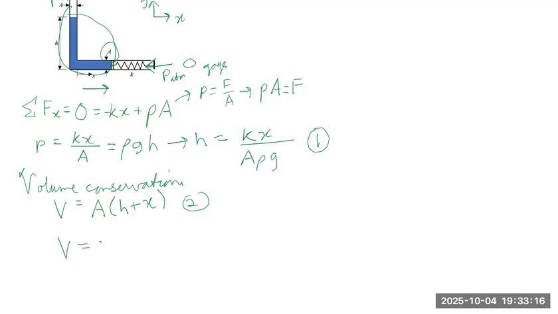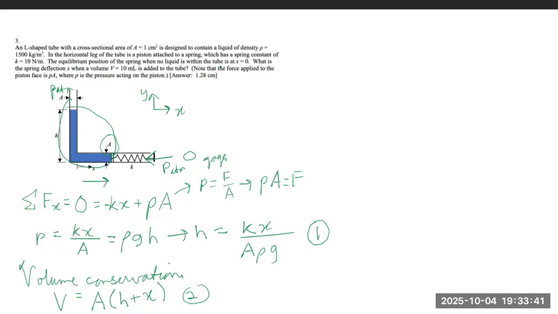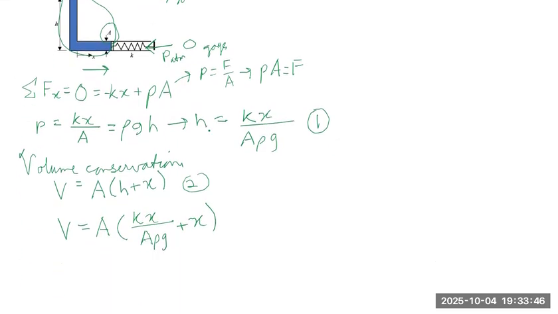So V is equal to A times kx over A rho g plus x. And the A's cancel each other out on the first one. Our goal is to isolate x, which is going to be the deflection of the spring.